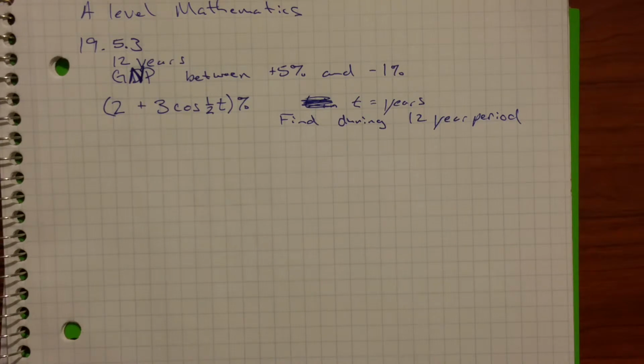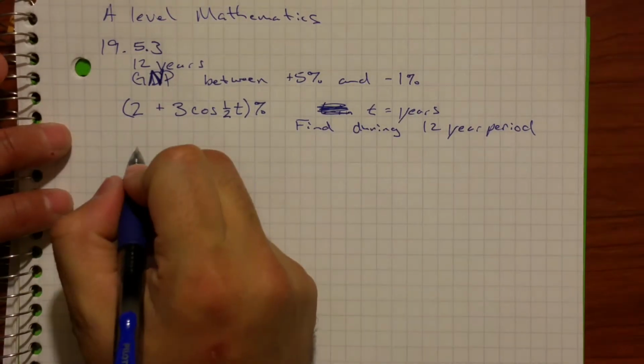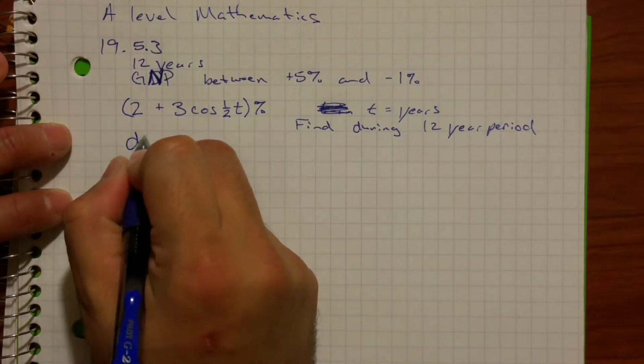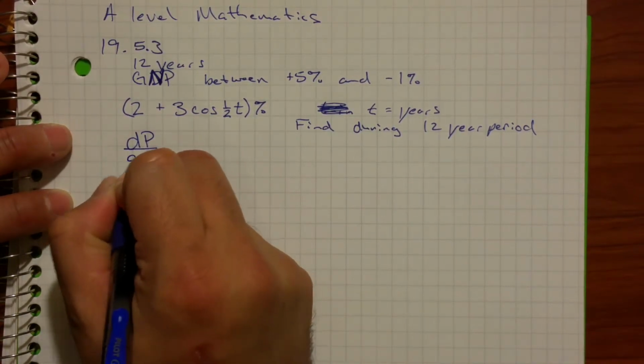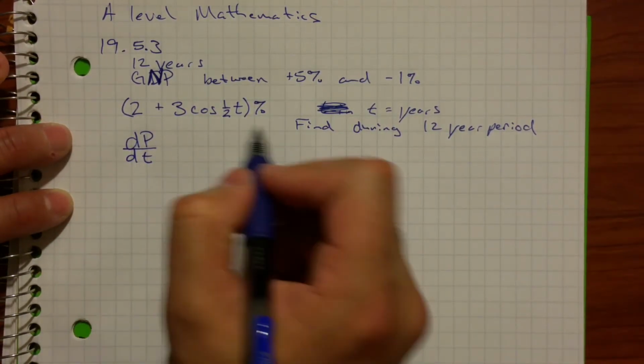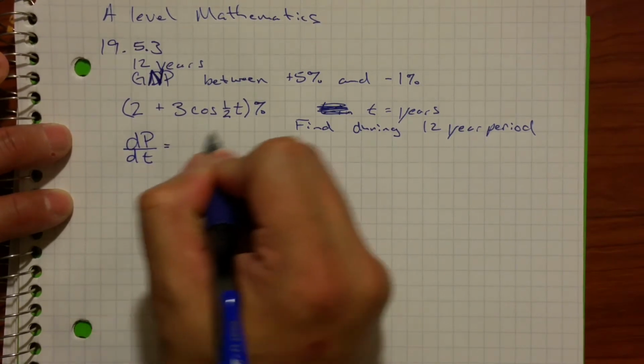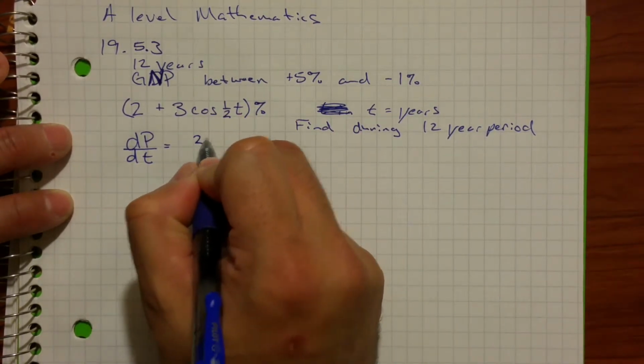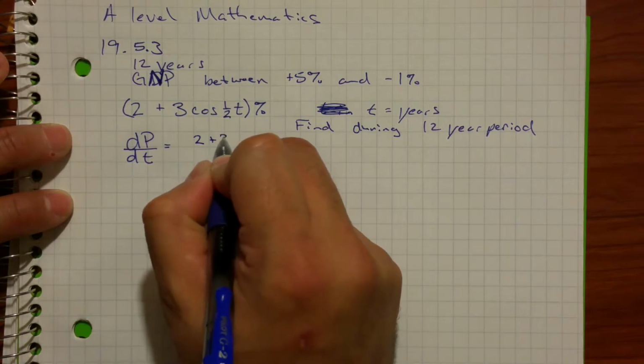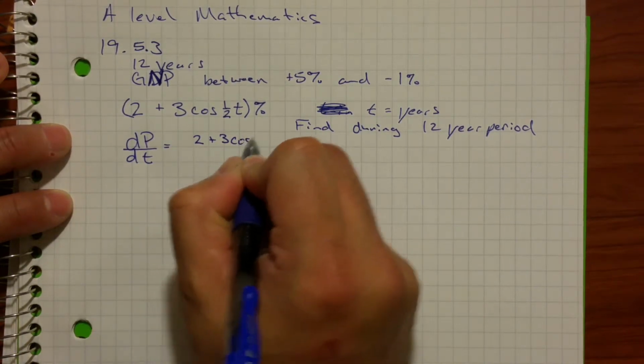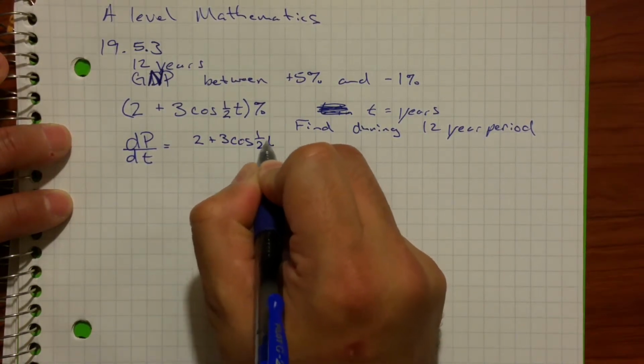Now, with this, let's go through and denote that we have our equation, which is dP over dt, in terms of time, equal to 2 plus 3 cosine of 1/2 t.